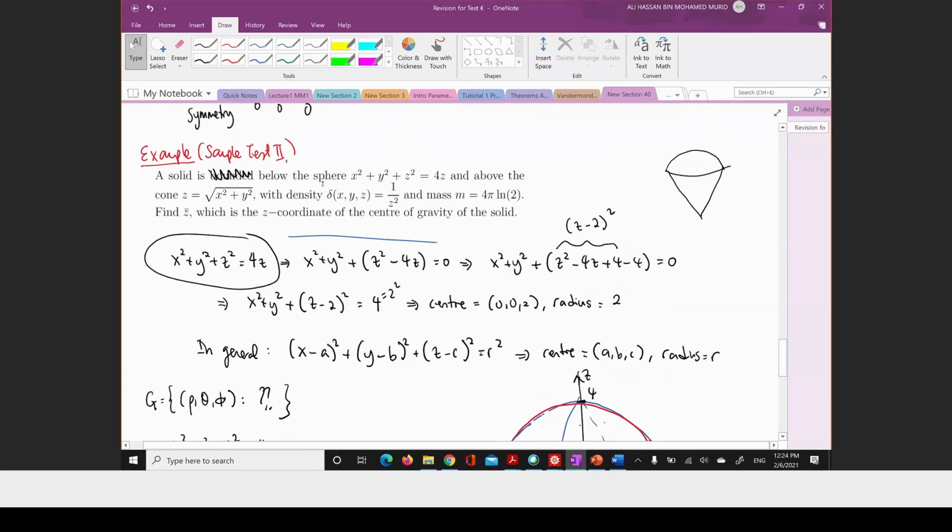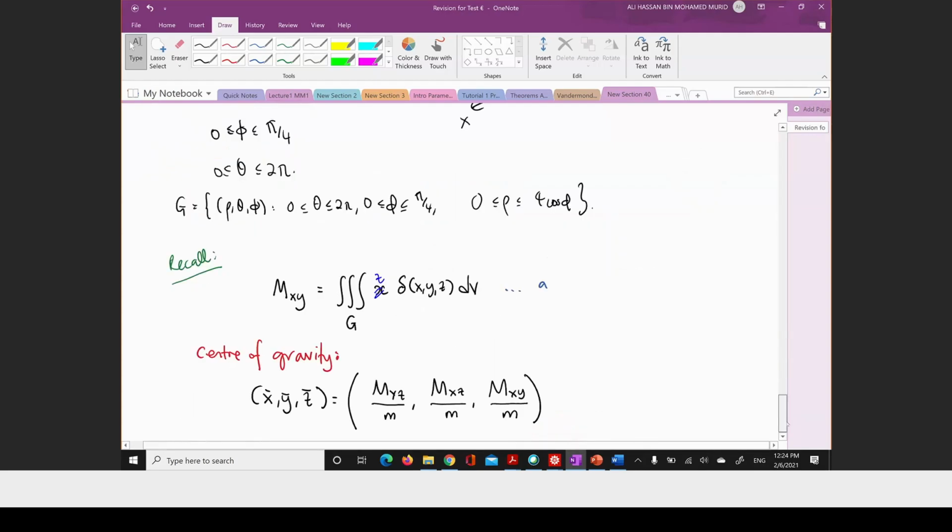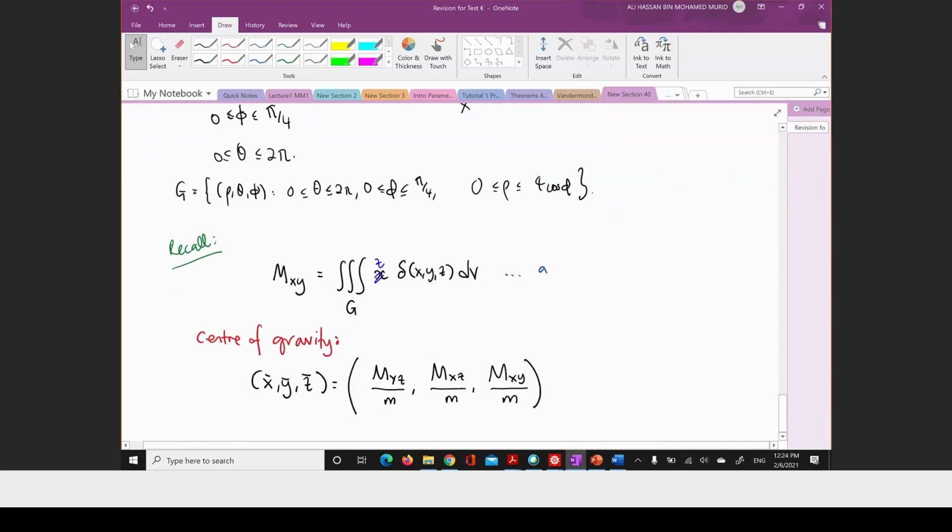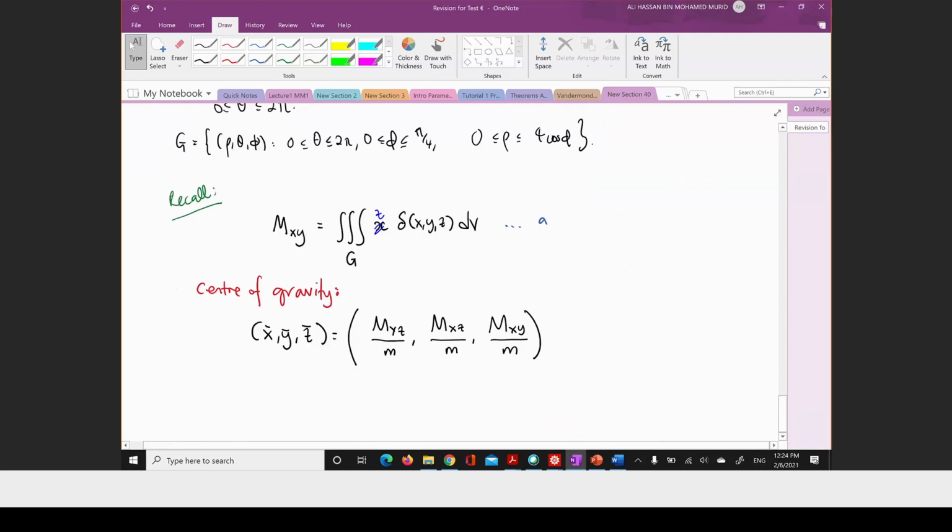The density function is also symmetric with respect to the z-axis. So for these two reasons, the center of gravity lies on the z-axis. So it is enough to calculate z bar here.